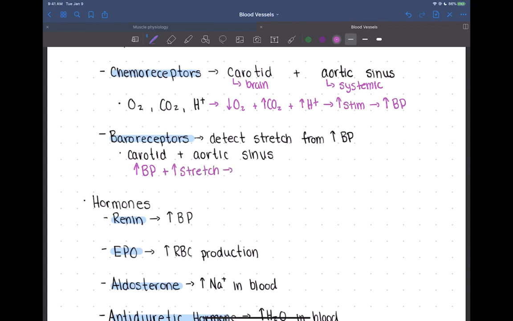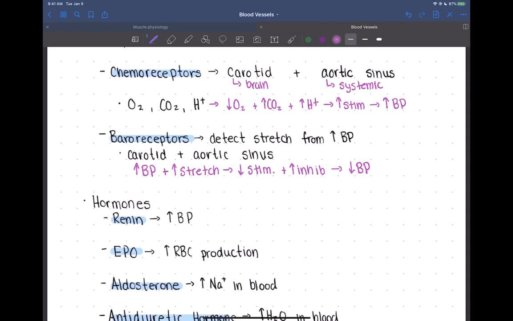That would cause a decrease in the stimulatory center and an increase in activity of the inhibitory center. All right, and then that would lead to a reduction of that blood pressure. Okay, so kind of like a negative feedback system.